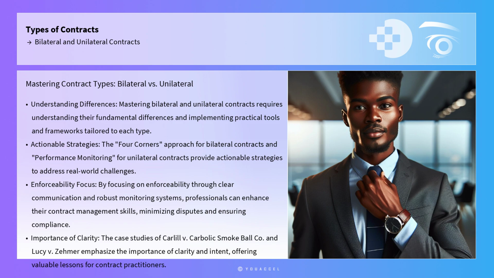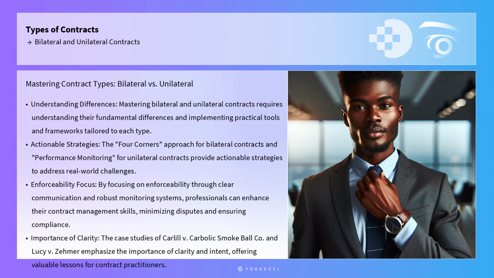The four corners approach for bilateral contracts and performance monitoring for unilateral contracts provide actionable strategies to address real-world challenges. By focusing on enforceability through clear communication and robust monitoring systems, professionals can enhance their contract management skills, minimizing disputes and ensuring compliance.